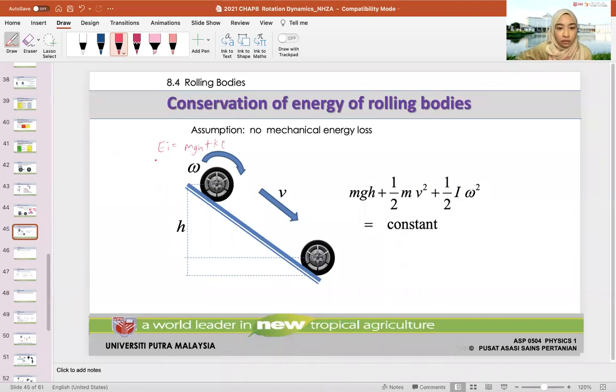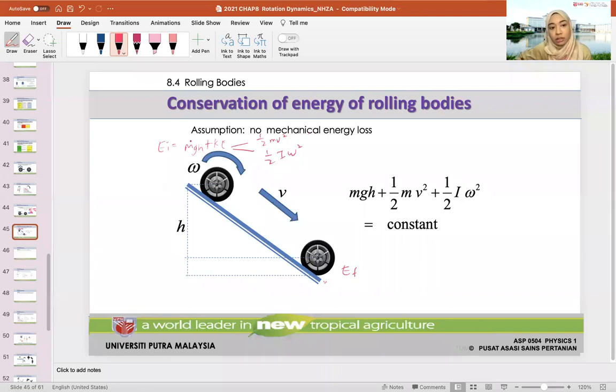If the motion is not hampered by a non-conservative force such as friction, so there's no non-conservative work done, then your E initial must be equal to your E final when this object reaches the end of the plane. Now, instead of mgh plus ke, where ke is 1 over 2 mv squared, you now have two components to your ke: 1 over 2 mv squared and 1 over 2 I omega squared.